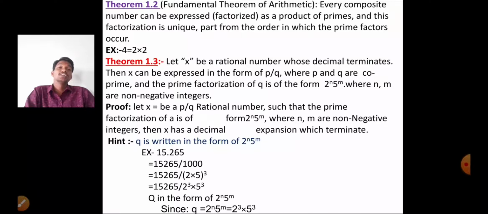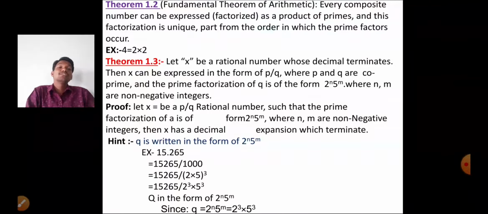15.265. For the decimal expansion, we have to write it in p by q form: 15265 by 1000. The 1000 we can write as 10 cube. The 10 cube we can write as 2 into 5 whole to the power of 3.